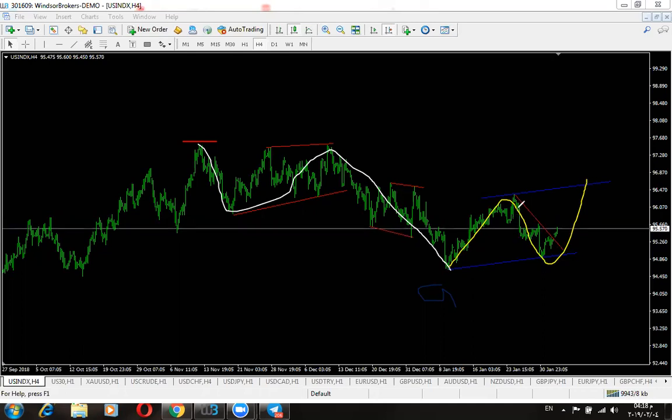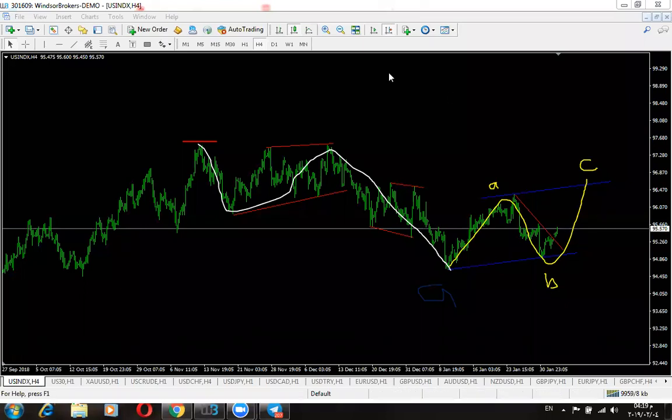We have just made the first 2 legs, one to the downside, which is A, then one to the upside, B, and now we are going to make another corrective leg to the upside in the form of the C leg. We had some profits from last week by shorting the dollar index, by shorting everything against the dollar index.